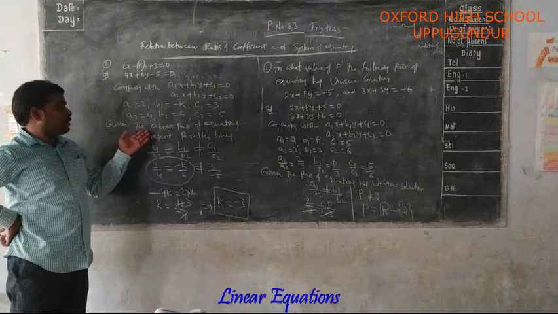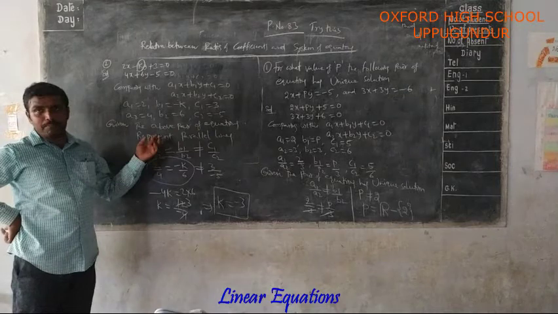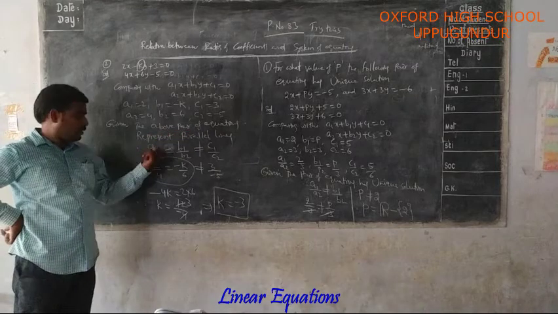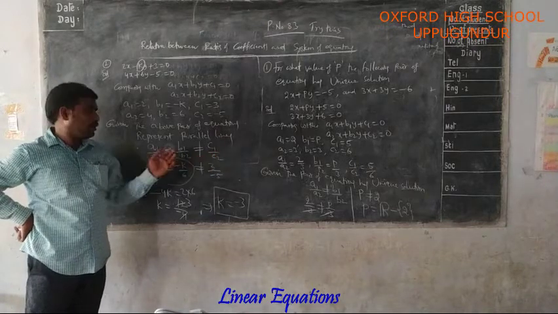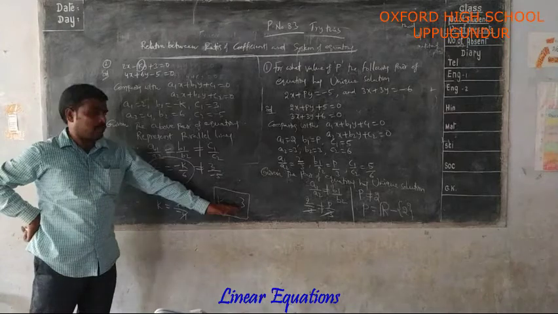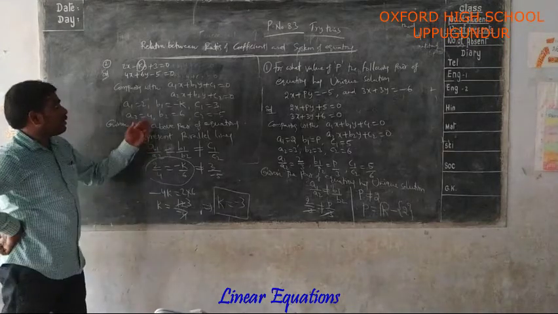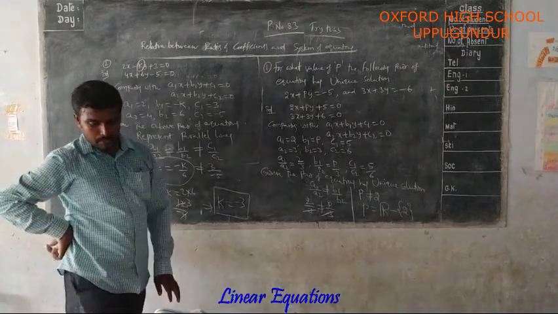Because the pair of equations represent parallel lines, the condition is a1 by a2 equal to b1 by b2 not equal to c1 by c2. Substituting these values, you will get k equal to minus 3. Similarly, we can do third and fourth problems also.